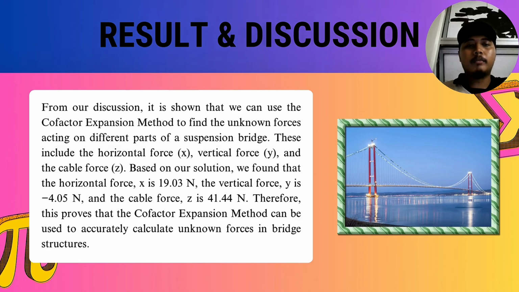Based on our solution that Muhammad Hussaini just presented before, we found that the horizontal force X is equal to 19.03 Newton, the vertical force Y is equal to negative 4.05 Newton, and the cable force Z is equal to 41.44 Newton. Therefore, this proves that the cofactor expansion method can be used to accurately calculate the unknown forces in bridge structures.